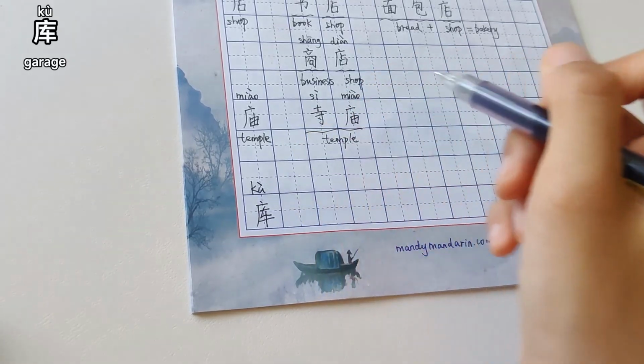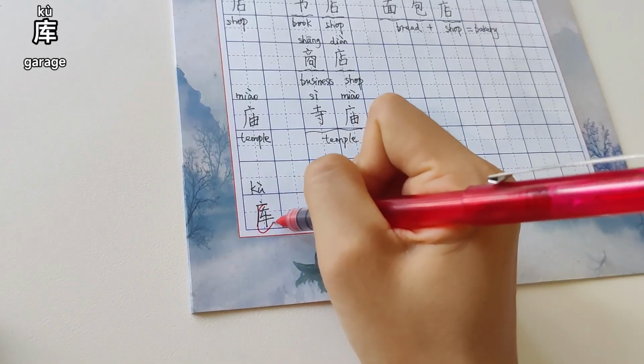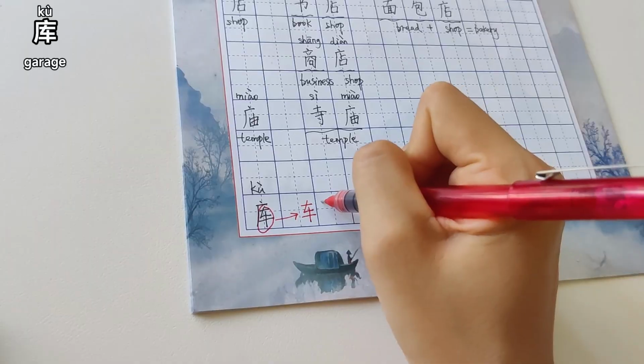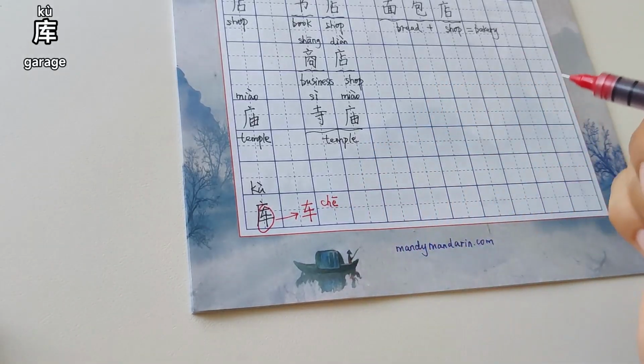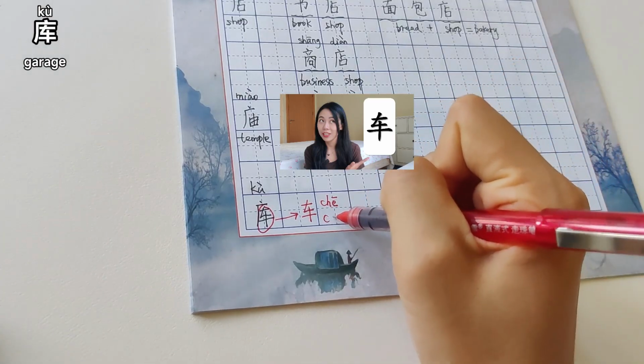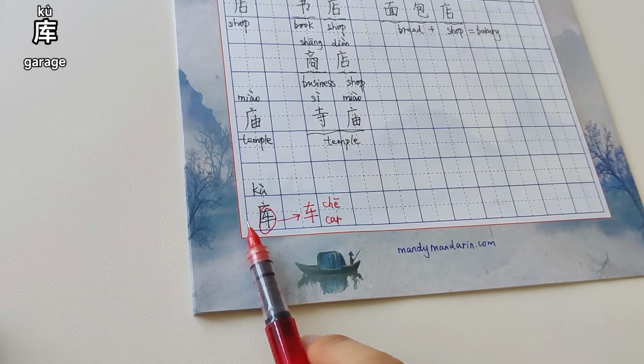库. As you might notice, in the 库, underneath, this is the 车, as we talk about in the car-related radical. The 车 is car, and a car under the building.